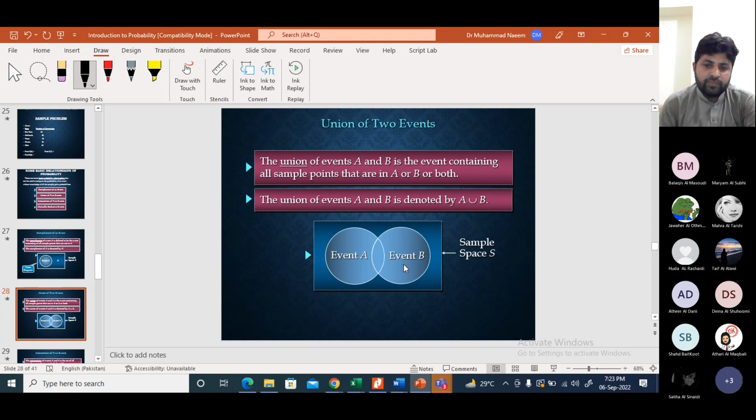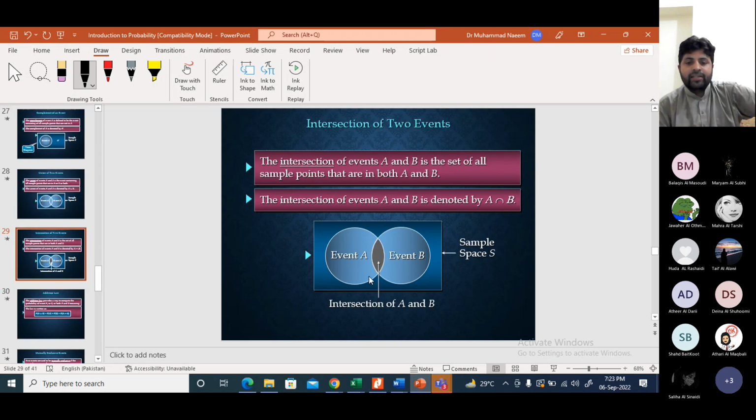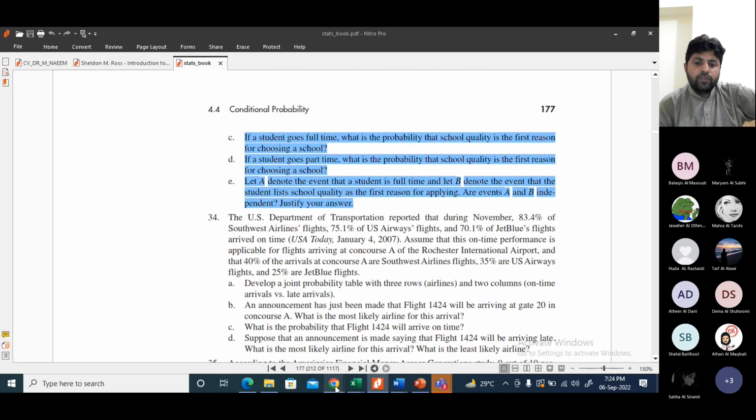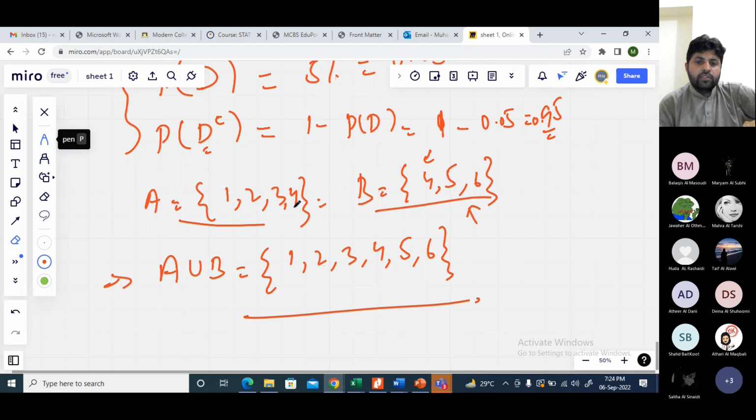In a Venn diagram, the union is basically from both these two sets. Later on, I will write it in case of probability. The intersection in the Venn diagram is the common area. For example, in our previous example, 4 is common, so A intersection B is only 4, because we are just considering the common element.